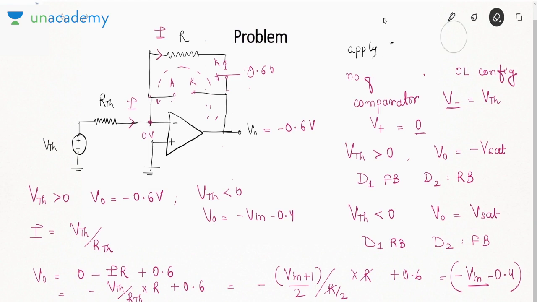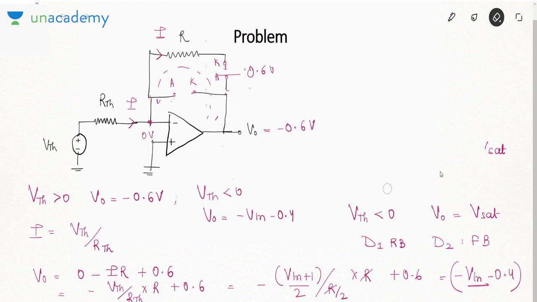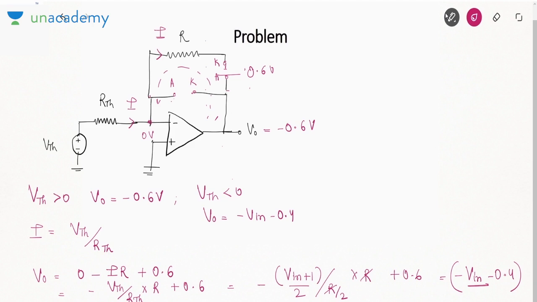So once we have obtained this data, what I am saying is, if VTH is greater than 0, that is Vin plus 1 by 2 is greater than 0, or you can say Vin is greater than minus 1, then V0 is minus 0.6.